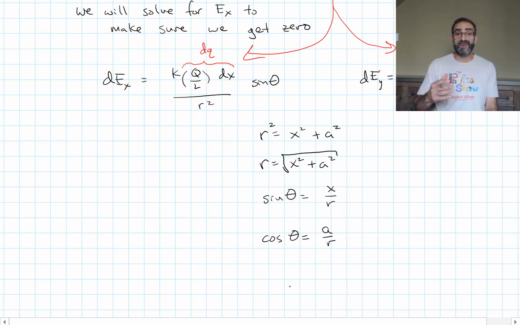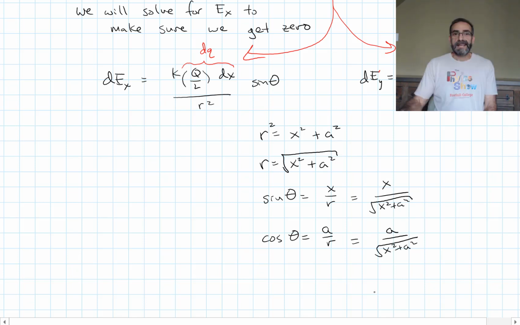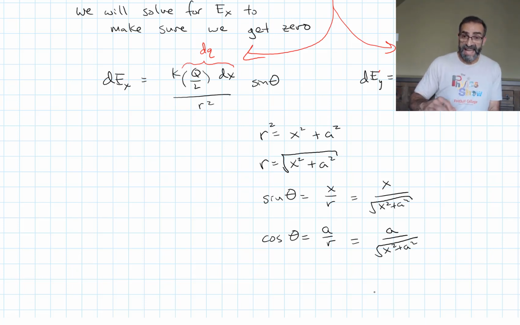We don't want it in terms of r, we want it in terms of x. Now, let's plug in for sine theta, cosine theta, and r in terms of x.